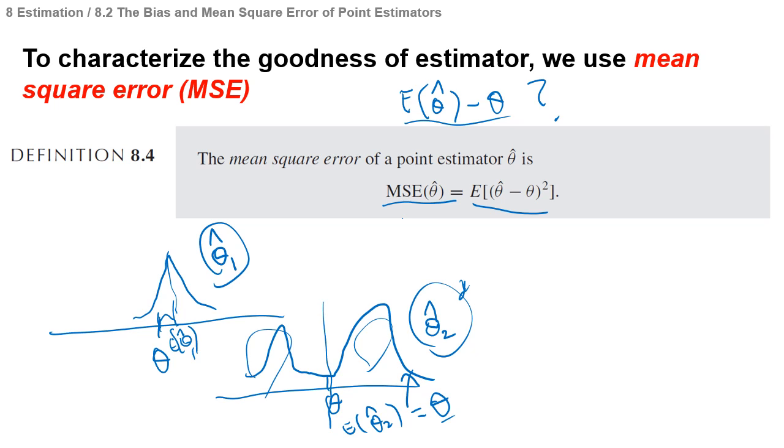What we want is for theta hat and theta to be as close as possible. So this is our goal inside the mean square error concept.